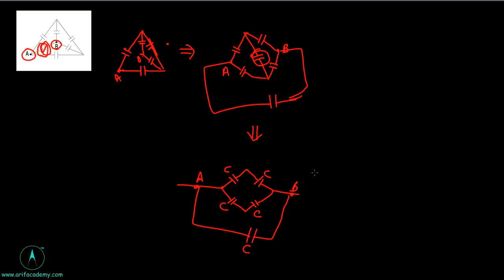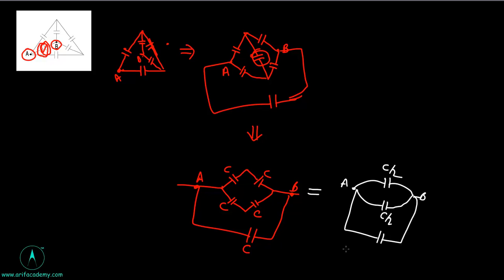So we can write this as C by 2, this is A, this is B, and here it is C by 2, and there is another capacitor C. So their equivalent will be CAB equal to C by 2 plus C by 2 plus C, which is equal to 2C.